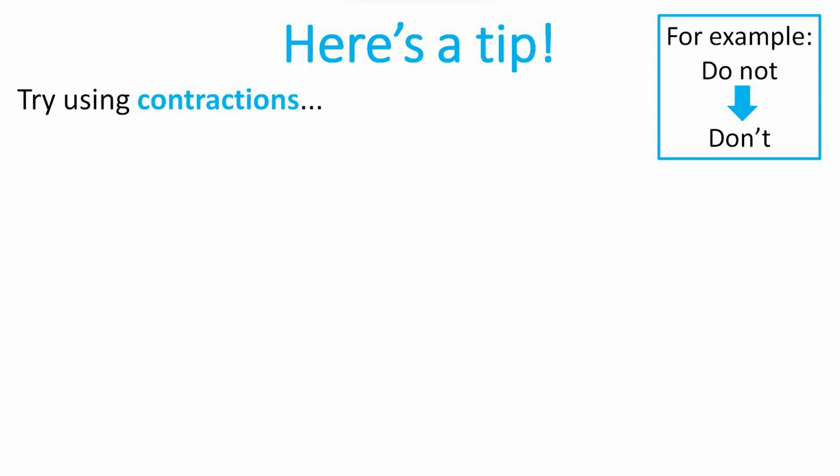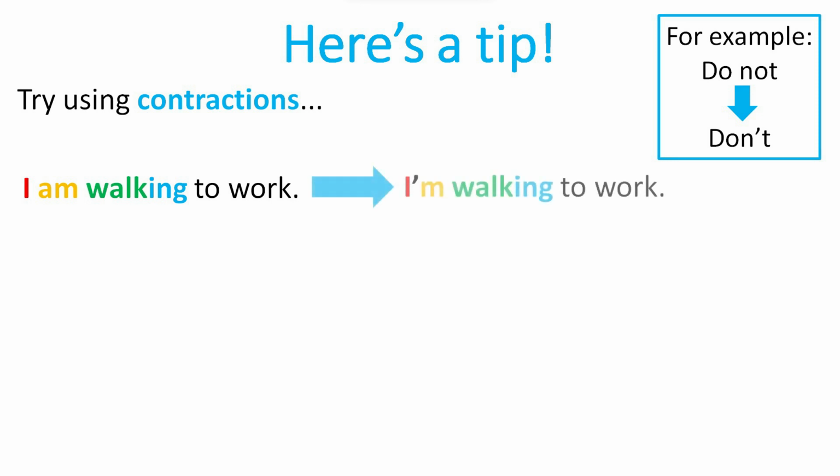So, how can we add contractions to the sentences that we corrected earlier? I am walking to work. We could push I and am together to make I'm walking to work. Both of these sentences have the same meaning.